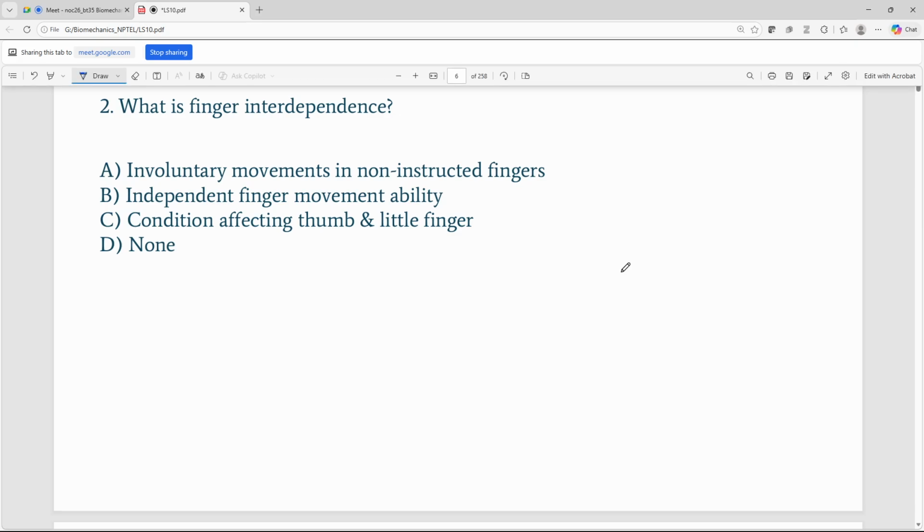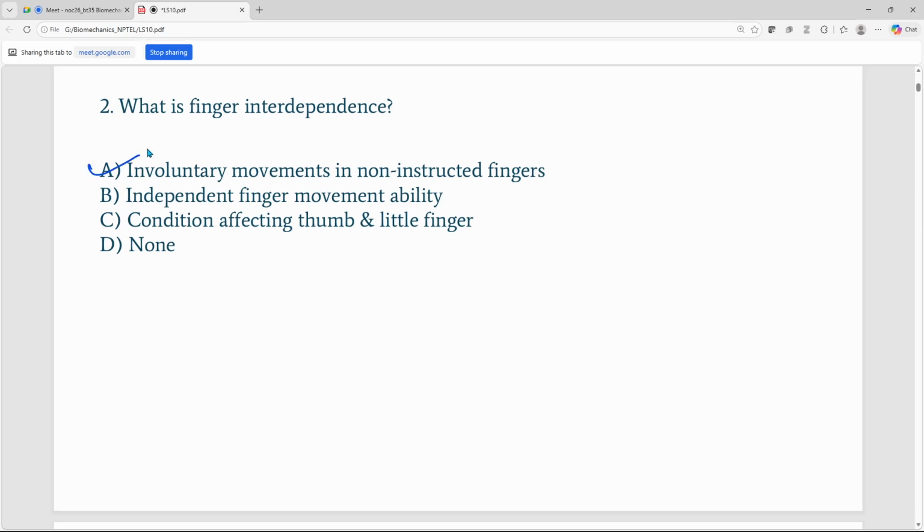Answer is option A, that is involuntary movements in non-instructed fingers. Same as the finger enslavement. That is the involuntary movements in non-instructed fingers when another finger moves.